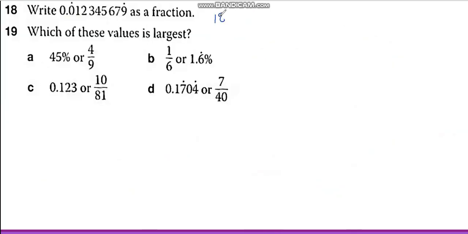Let's do question number 18, where we have to convert this number into a fraction. If we rewrite, if I suppose that it is equal to x, like x equals 0.01234567, and again the number is being repeated, so I will write 0.1234579 and so on.